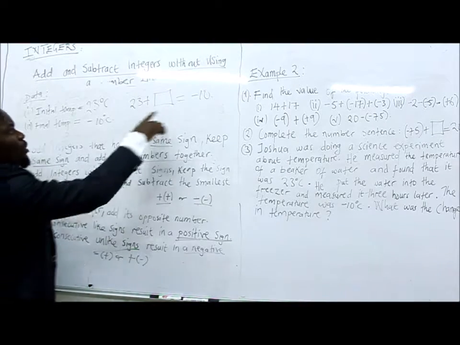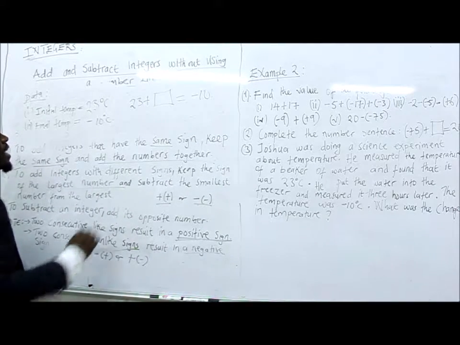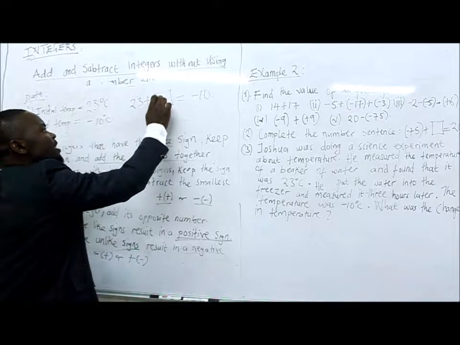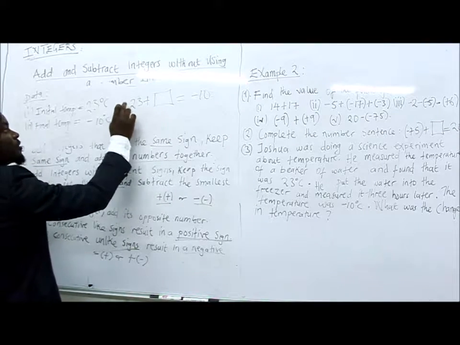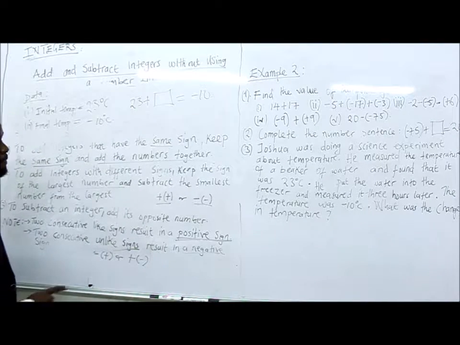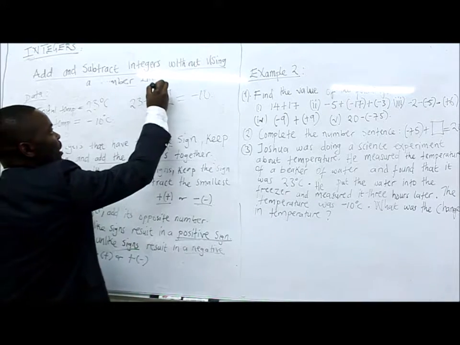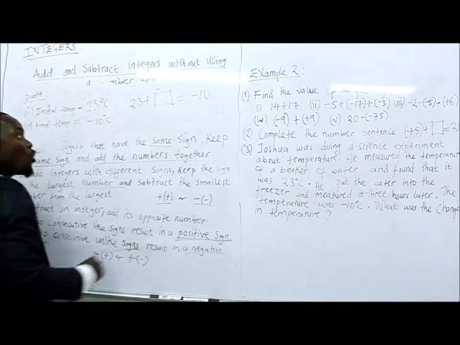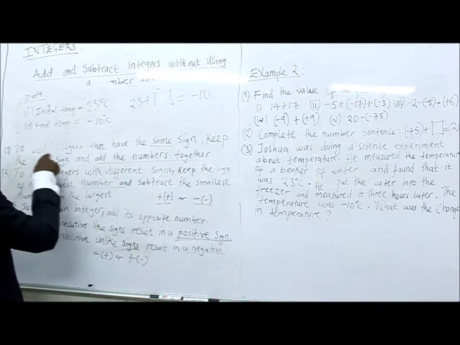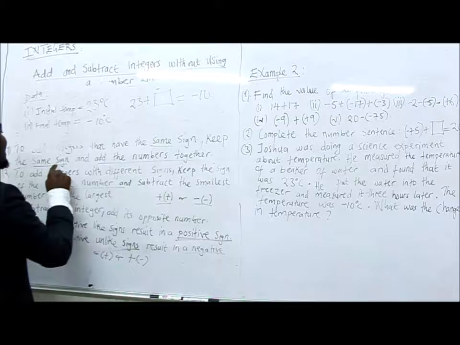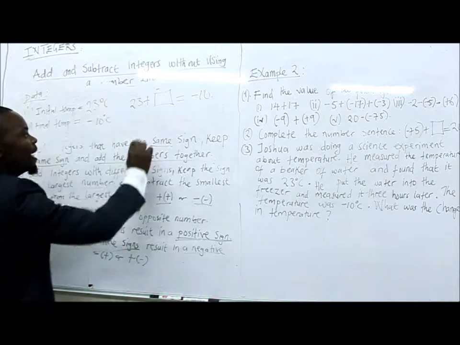Since we have got a negative sign here as our answer, it means that the number which is here has got a negative sign, because this one has got a positive sign. Therefore, this one should have a negative sign. If this one were a positive sign, then definitely this one would be a positive sign, because when you add integers with the same sign, you keep the same sign. Now we have identified that this number has got a negative sign.